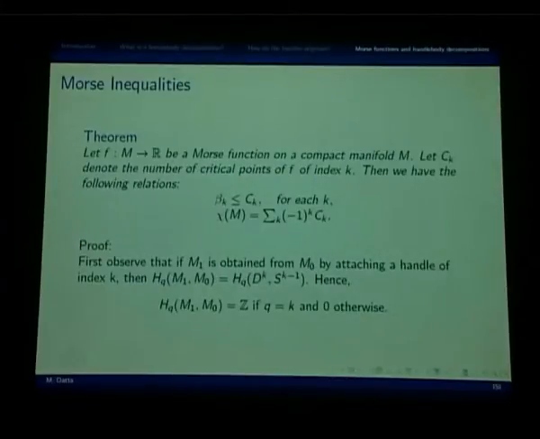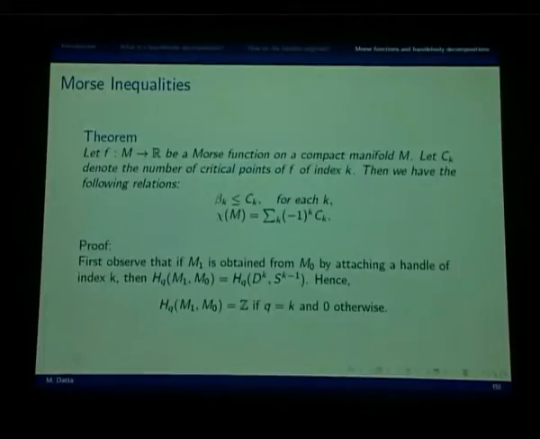So I'll just discuss a proof of this. Now what happens when you are attaching a handle of index k? You are attaching a handle of index k along the boundary, so S^(k-1) gets collapsed. Consider the relative homology of M1, M0, so you are quotienting out M0.